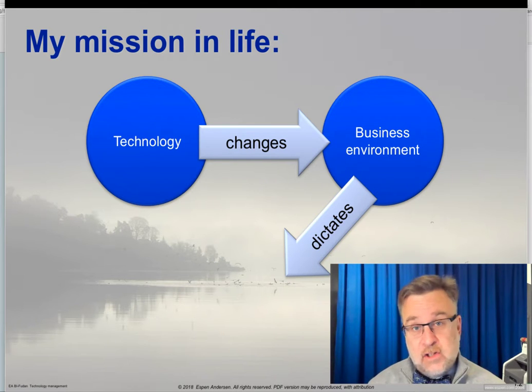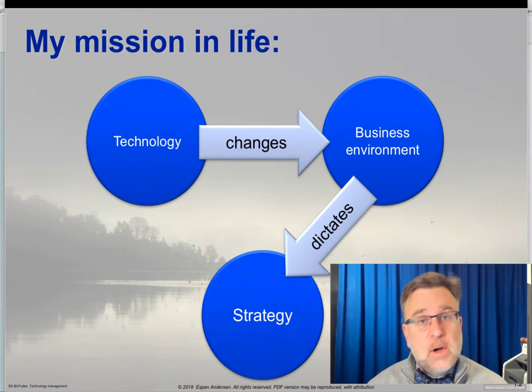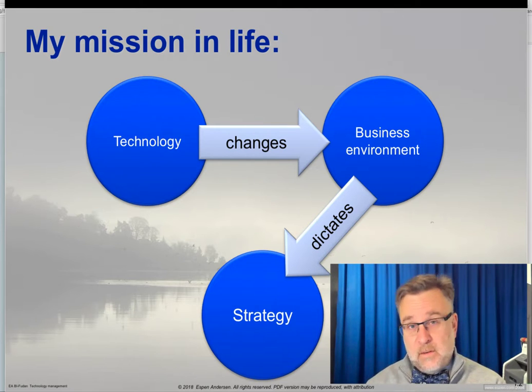And when the changes in business environment occur, then you have to change the company's strategy. You have to decide what to do. The most important thing about this is that this takes time. When the technology changes, it influences the business environment, and then the changes in the business environment force you to change your strategy.